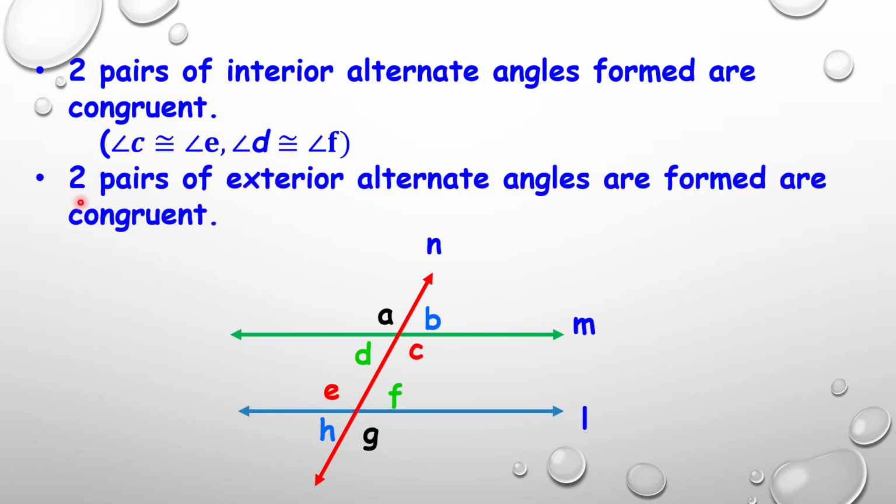Then the next property: two pairs of exterior alternate angles formed are congruent. Which are the two pairs of exterior alternate angles? You observe the figure.